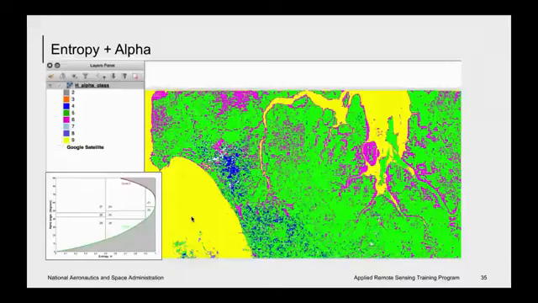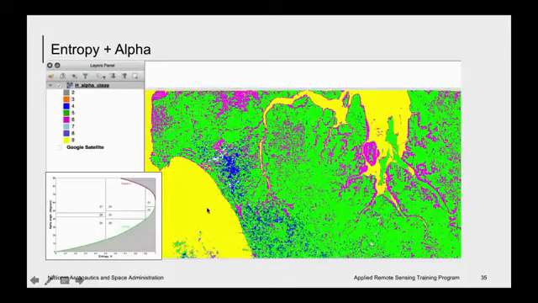So if you do a classification, this is what you would see at the end. I brought my image into QGIS, and I changed the colors to look nicer, and this is what you see. So if you start with low entropy, zone 9 is yellow, and this is my water here. Water is low entropy.